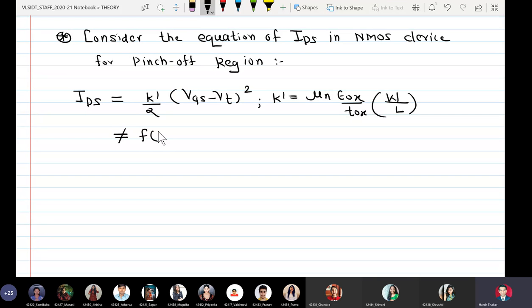It is not a function of drain to source voltage.